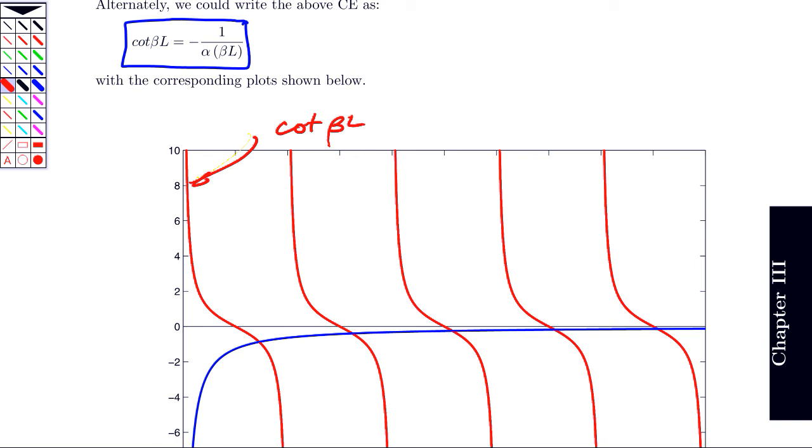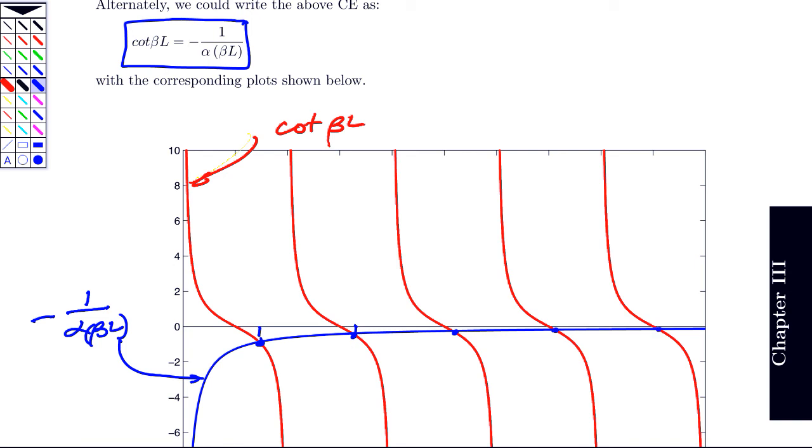The blue is minus alpha beta L. So here, the roots we're trying to find are the same ones. That hasn't changed.